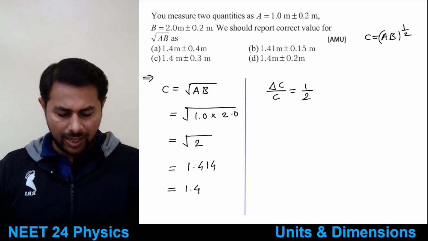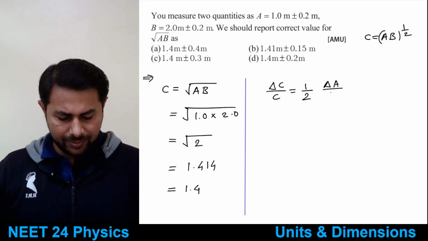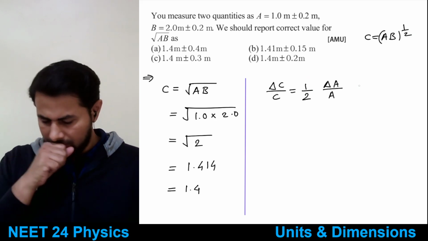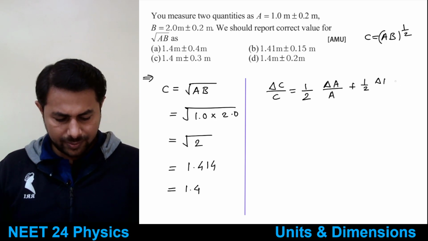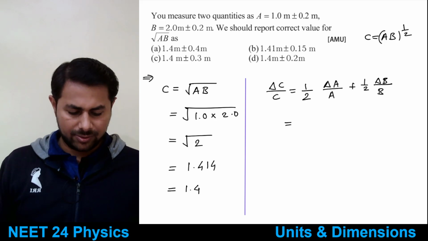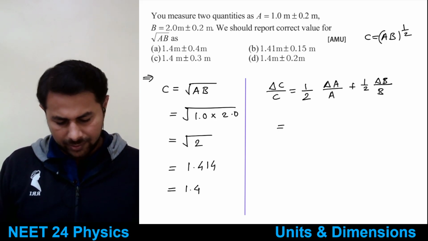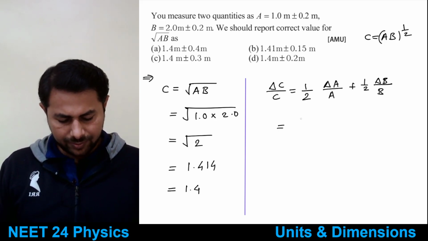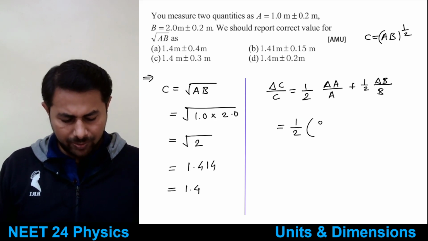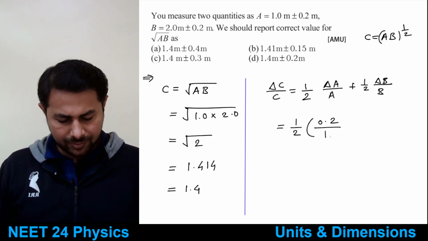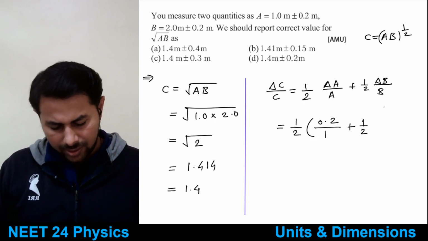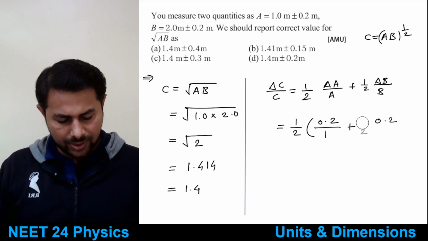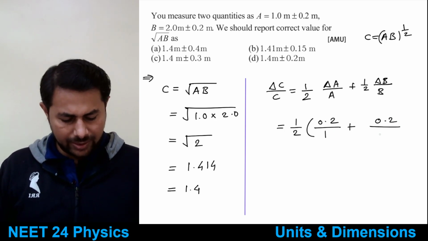So it will be equal to half of delta A by A plus half of delta B by B. So that is equal to, tell me, what is delta A? 0.2. So it's half of 0.2 divided by 1 plus half of 0.2. Okay, half I have taken out, 0.2 divided by 2.